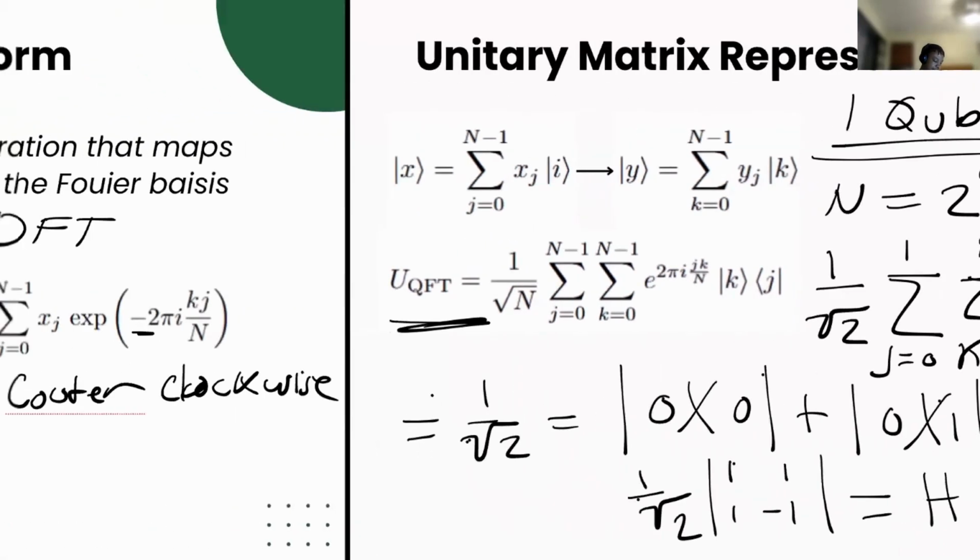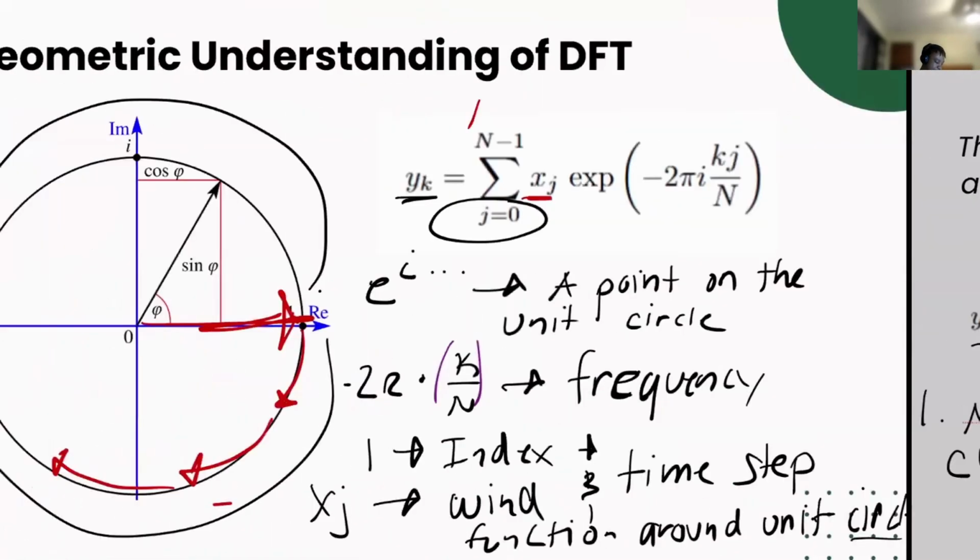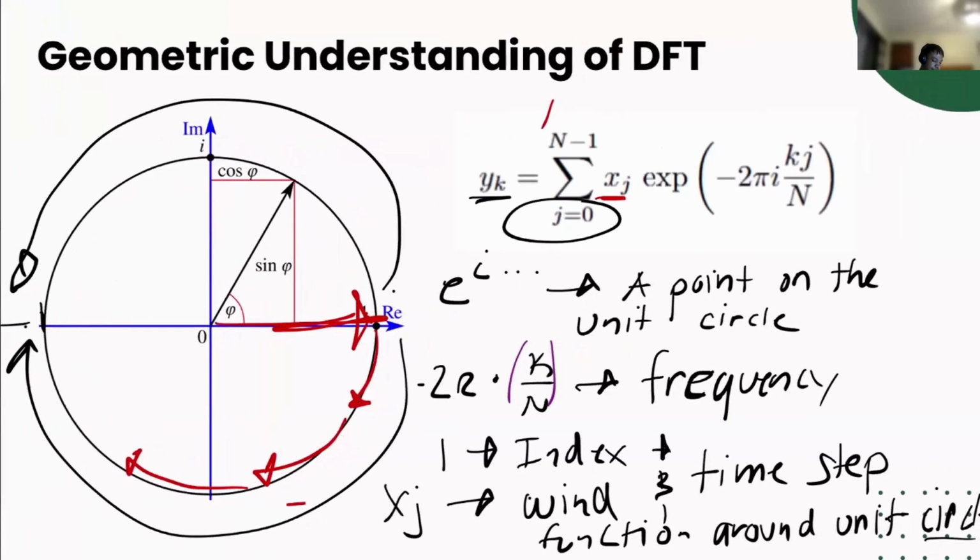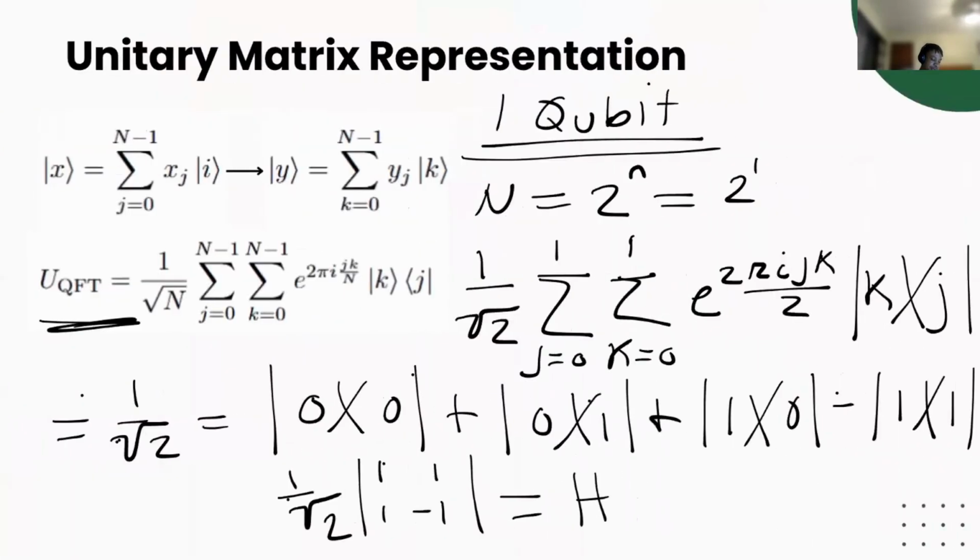And we know that by looking at our complex unit circle here. So we multiply this 1 state by -1. And then when we add these values together, we get this Hadamard expression. So hopefully that should help.